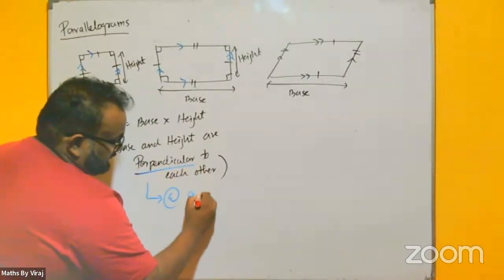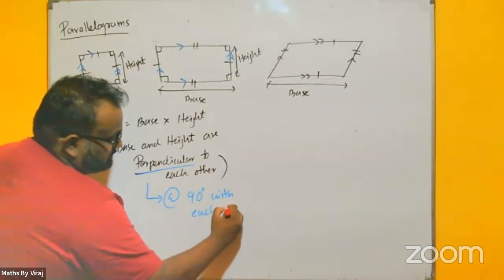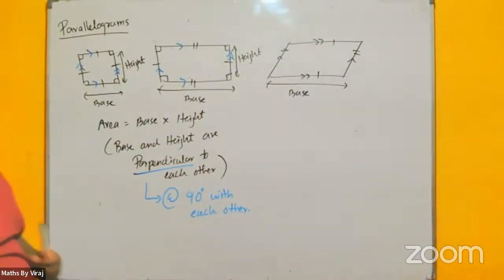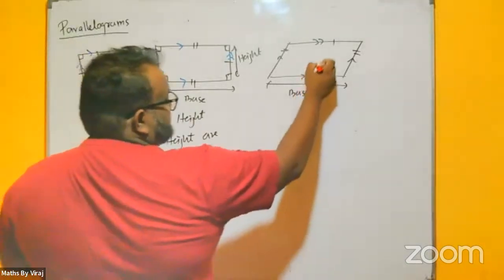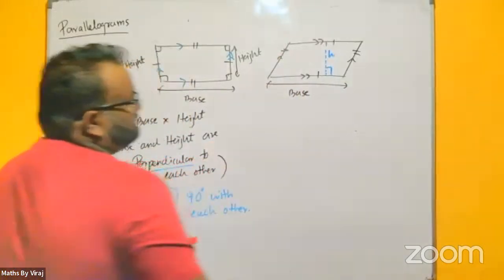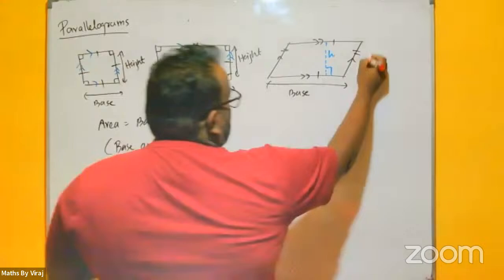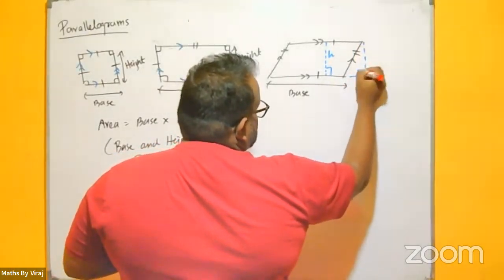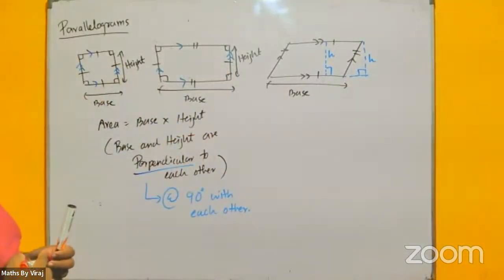At 90 degrees with each other. Look at this. Here, if this is the base, this can be our height. Understood? Height sometimes might be shown out of the figure as well. As long as it's perpendicular, we can consider it to be our height.